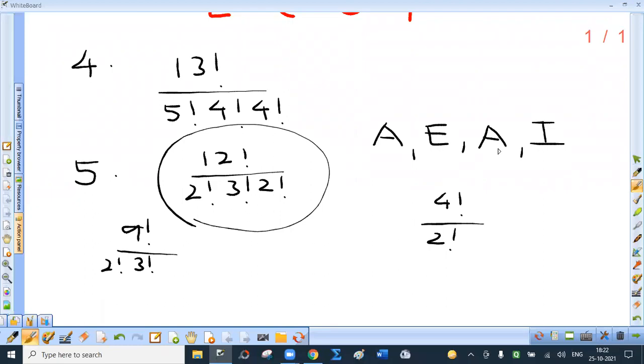See, you have to write all these things if you want full marks. These 4 vowels can be arranged in 4 factorial upon 2 factorial ways.